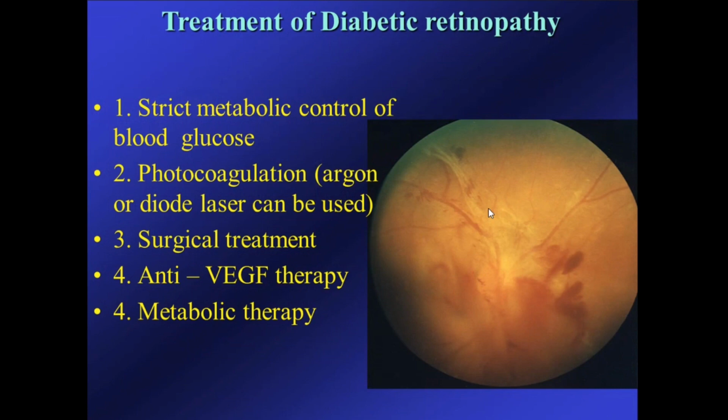Of course, metabolic therapy, when we add different vitamins and other medicines which can improve the nutrition of the retina.